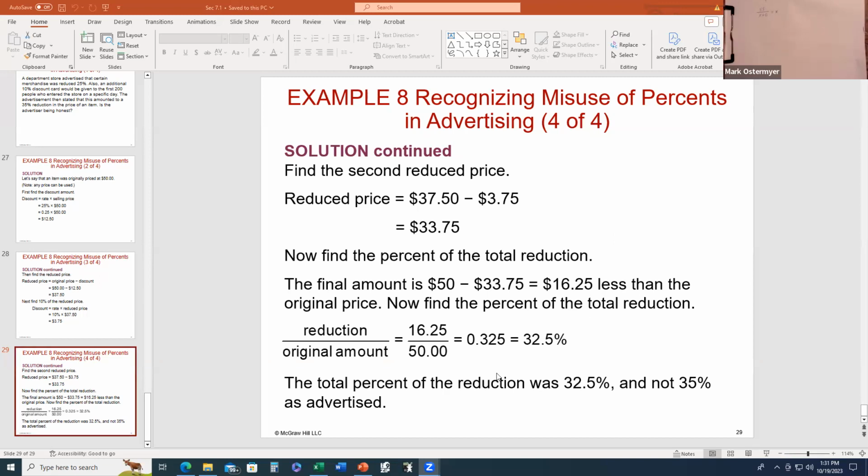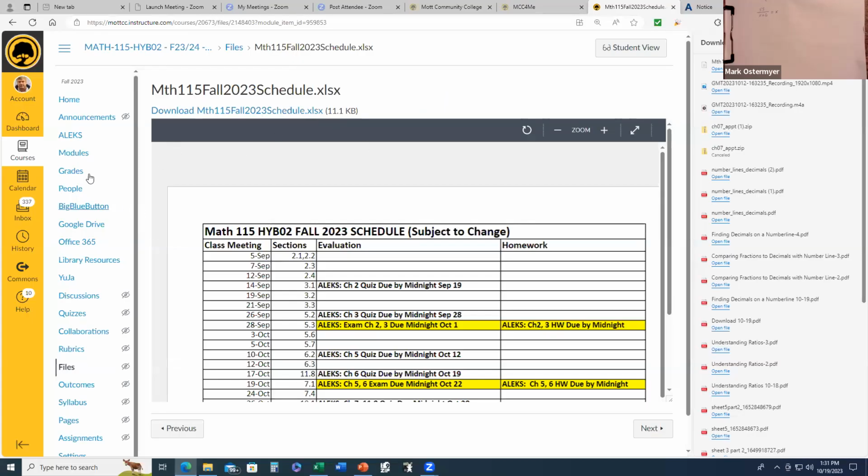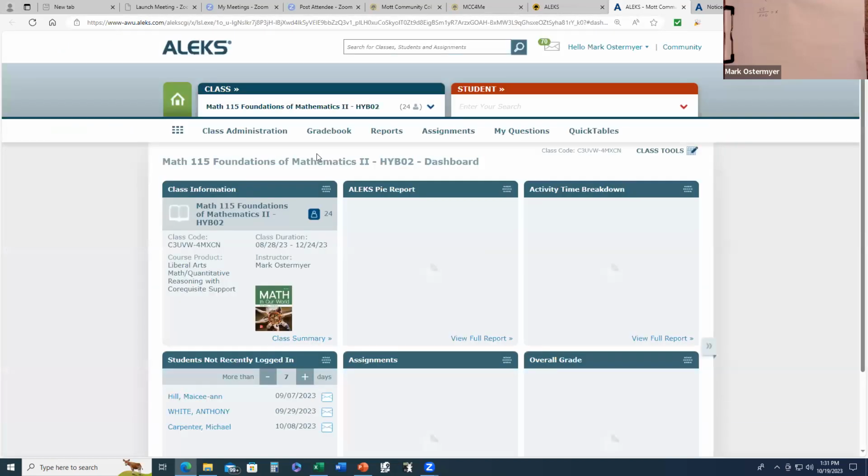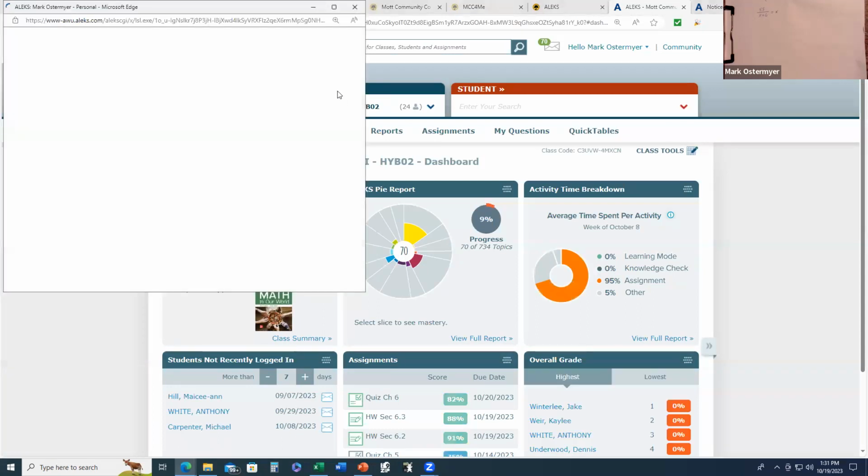All right, let's go to our textbook and see if we can have some fun now, working with some percent problems. And this will be section 7.1.